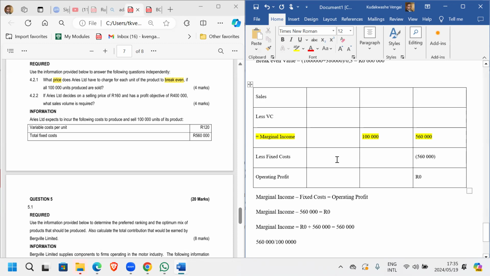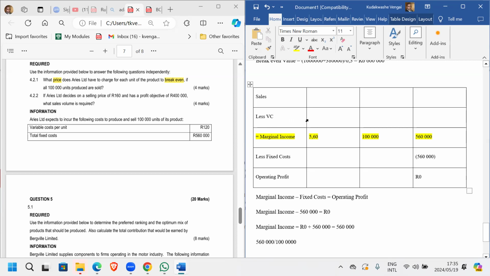And then I get 5.60. I'm just double checking so that I've not made any mistakes. Yes, it's 5.60, right?